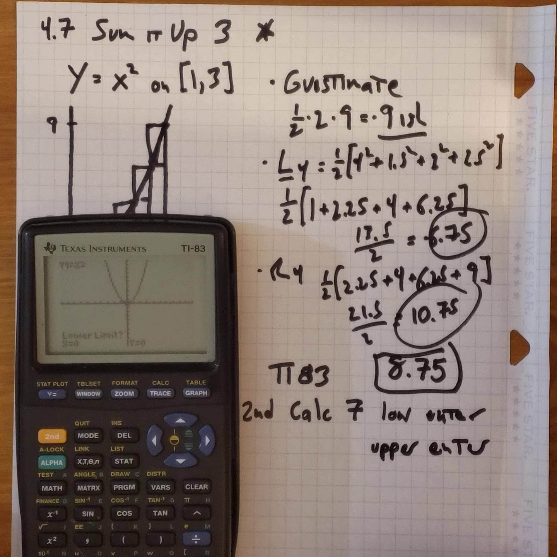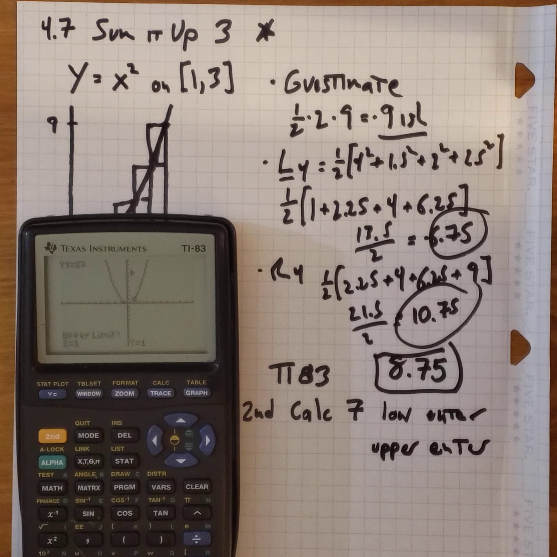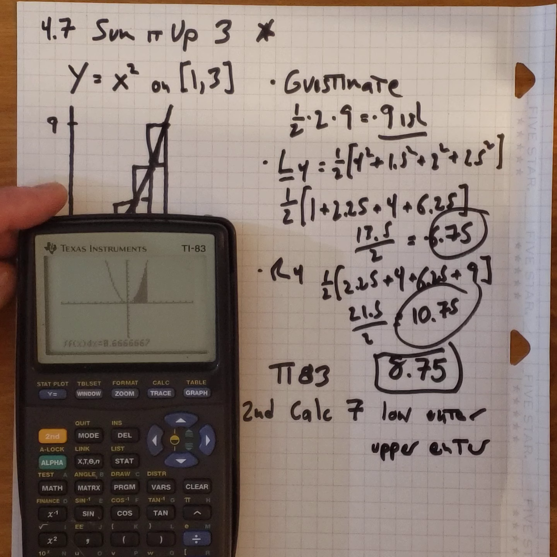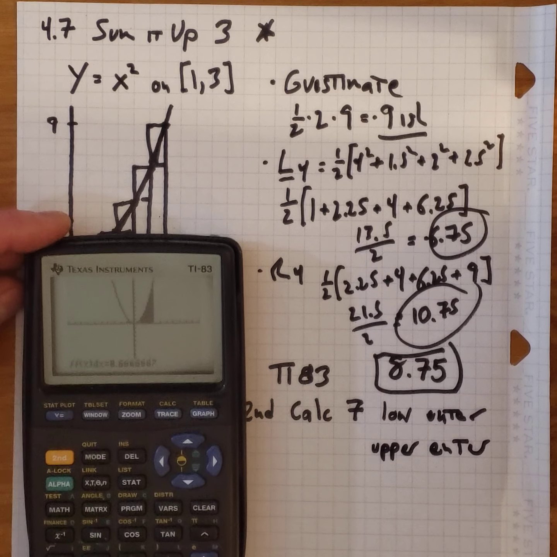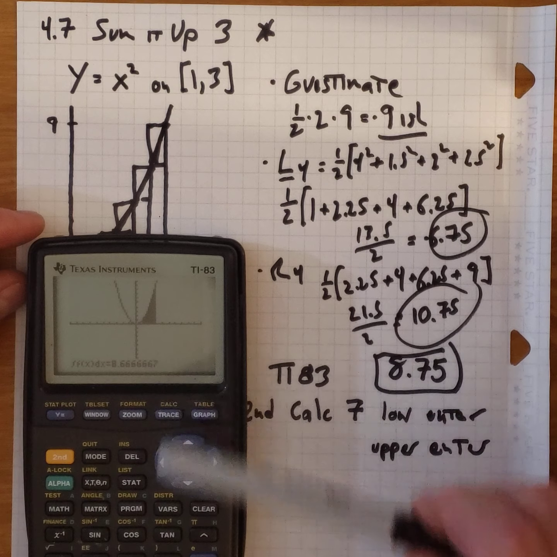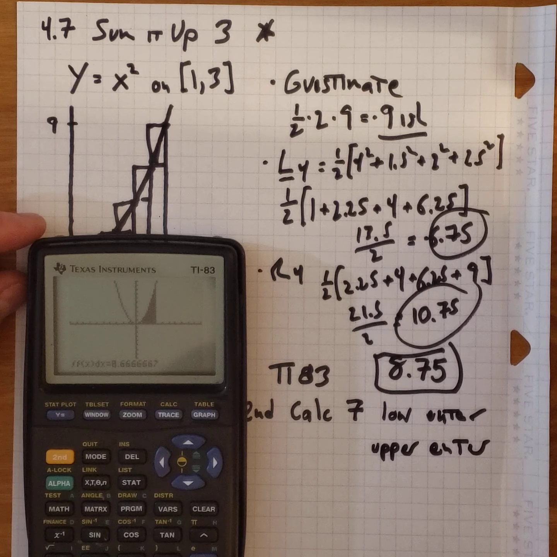Then you put in the lower limit and enter. Here we were going from 1 to 3, so our lower limit's 1, enter, then 3, enter. It'll do two things. One is it will show you the curve colored in, the area that you're finding. And down here, it will give you the value for the area, which comes up to be 8.666.